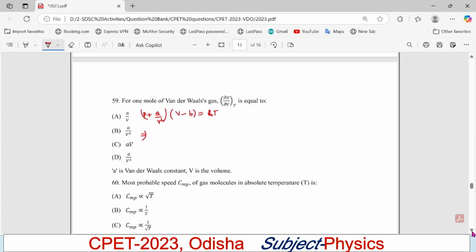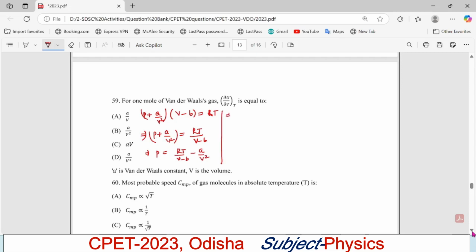That implies P plus a by V square will be equal to RT by V minus b, right? Or that implies P equals RT by V minus b, minus a by V square.